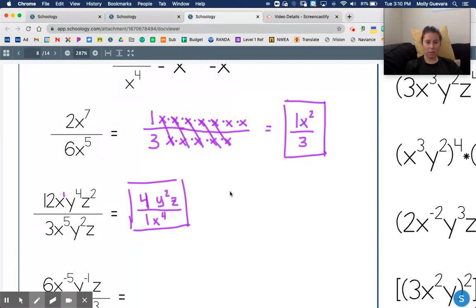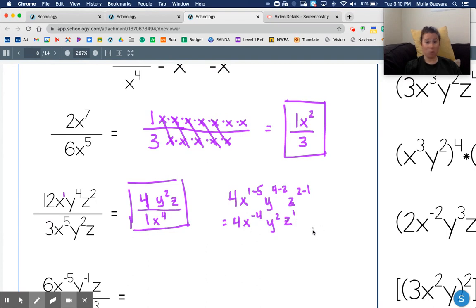You also can do the subtraction rule, right? Where I say, okay, I have 4, because 12 divided by 3 is 4. And then I have x to the 1 minus 5, y to the 4 minus 2, and z to the 2 minus 1. Which gets me 4x to the negative 4, y to the 2, z to the 1.